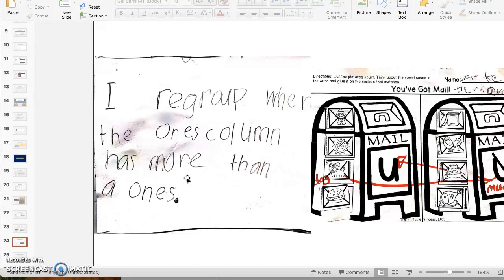If we expect that norm, we have to be able to teach it. And when our students are bilingual, we have to teach it in a way that is explicit, direct and interactive. So we can say things like, yep, that's how you do it in English, but here's how we do it in Spanish. Or, yep, that's how we do things in Spanish, but here's how we're going to do this in English. And you're never going to know what your kids are thinking until you write interactively with them.